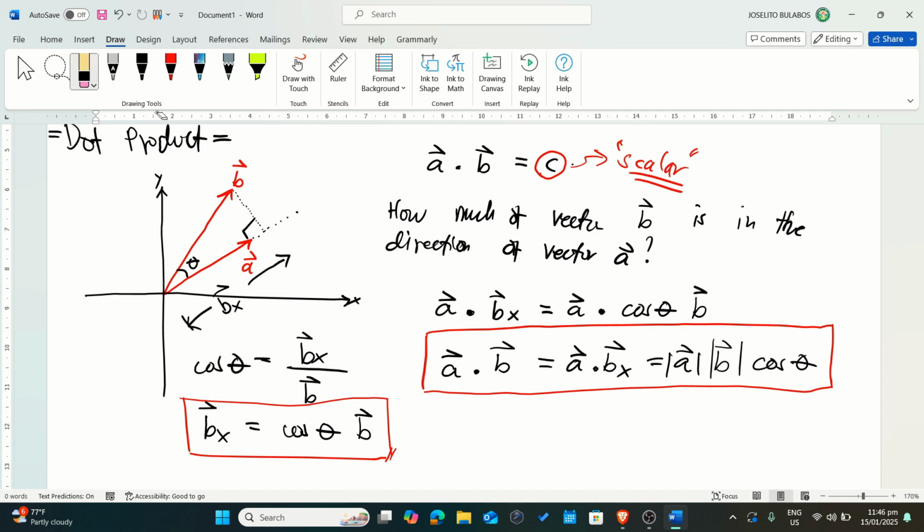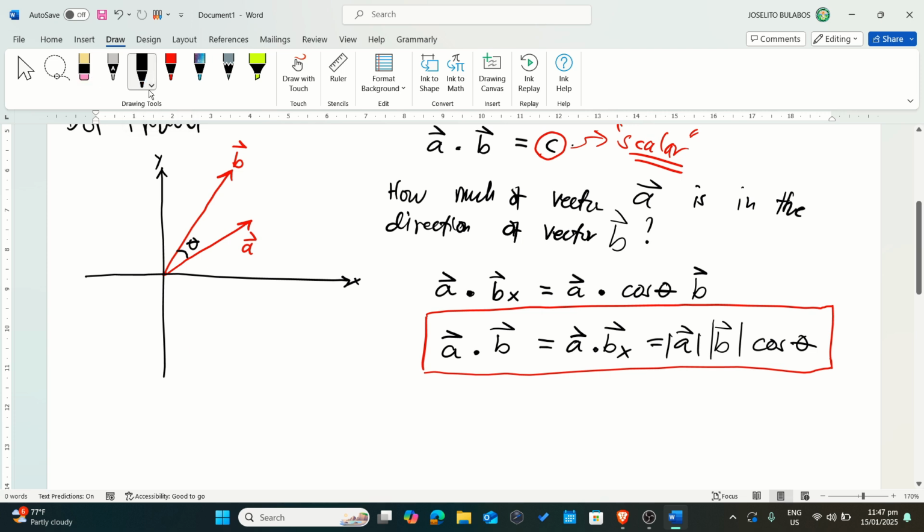Initially we used A as our reference point, but we could also use B and we will end up with the same value.